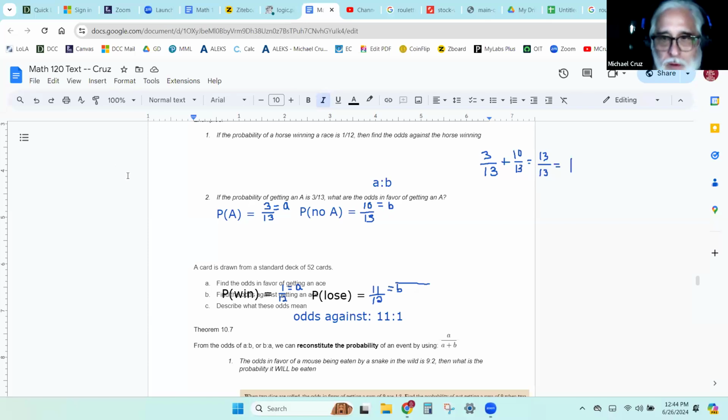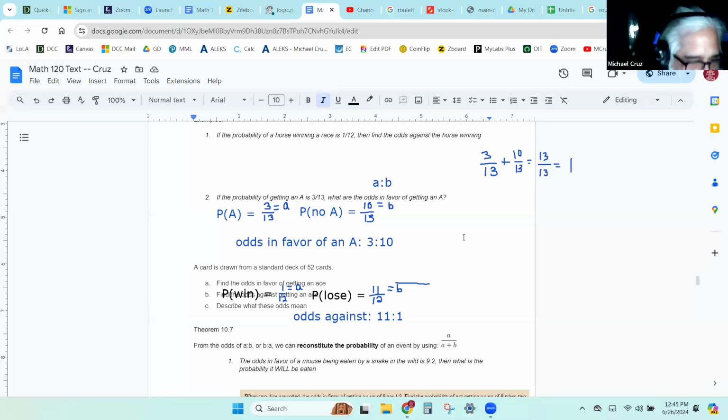All right. So that means odds in favor of an A is 3 to 10. And the odds in favor, as I said, give the number of possible wins out of the total of 3 and 10. So when you do odds in favor, it's a more direct way of looking at it than the odds against.